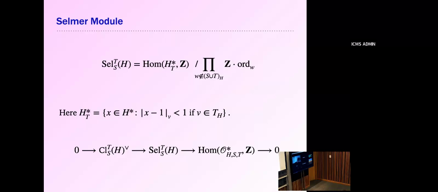The reason this is important is that I alluded earlier to the class number formula, which says the residue at s equals 1 of the zeta function, other than some transcendental factors, is related to the class number times the regulator. These are the two most important parts of that formula, the class number and the regulator. So what you want is something algebraic that sees both, something that puts together the class group and the regulator. This is a good sign that the Selmer group is what you should be looking for, because there's a short exact sequence where on the left you have the Pontryagin dual of the class group, and on the right you have the units, which represent the regulator.